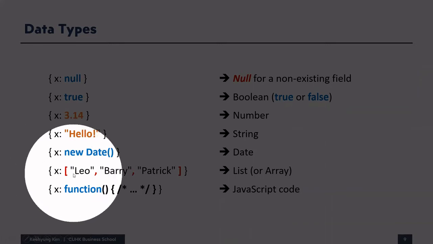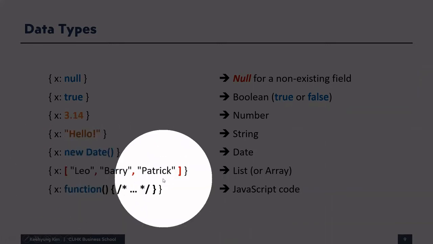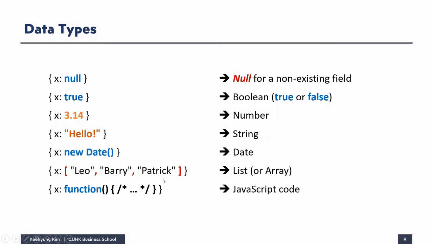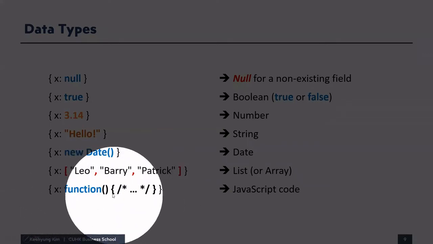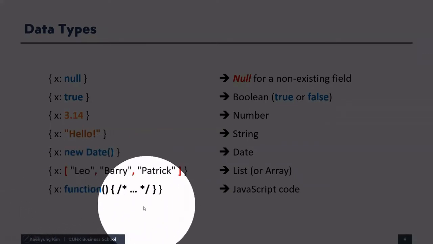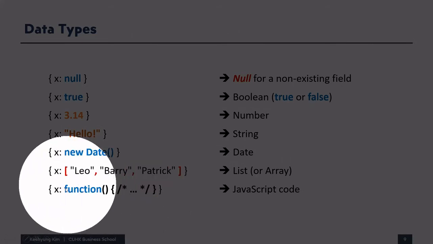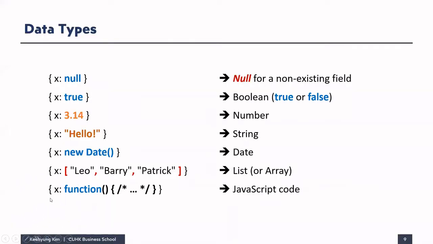A field may have a list value assigned like this. That's also possible. And also, more powerfully, in a field, you can actually add JavaScript code. You can create a JavaScript function, and you can add that into a variable. That's also possible.